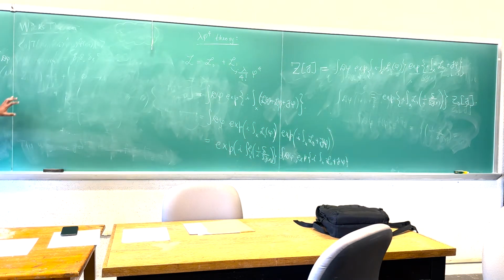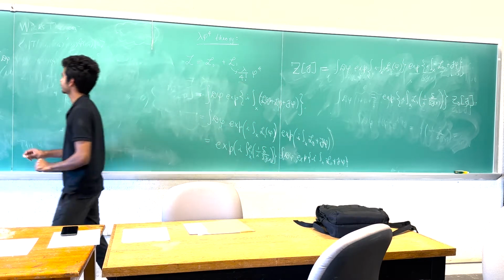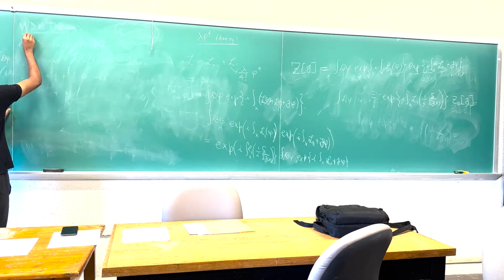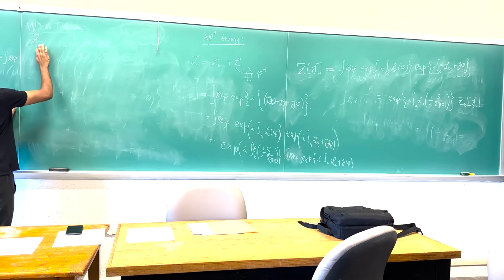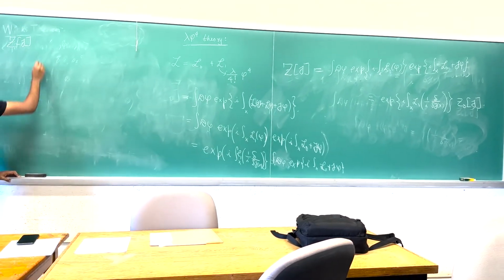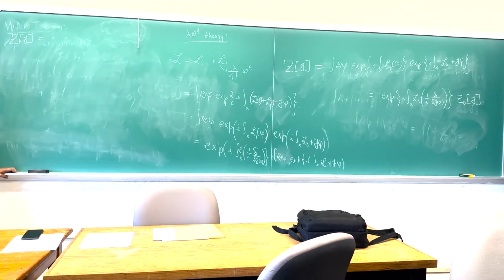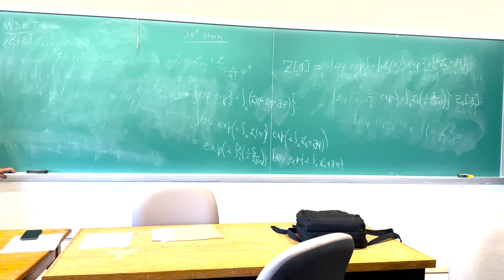So let's go to our solid example, which is this. We're going to construct Z[J] for lambda phi 4. We wrote it down for a general potential, so it should be easy.